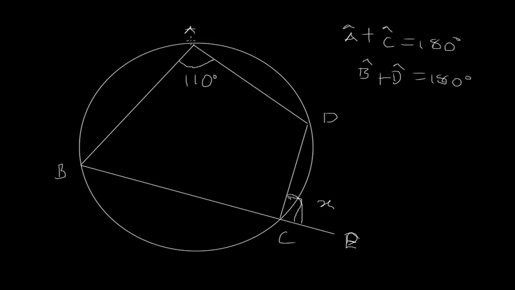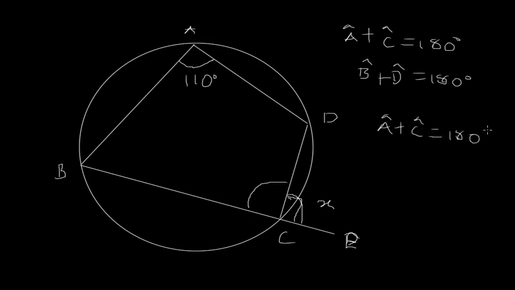Well, we know that A plus C should give us 180 degrees. So to find this angle here, we are simply going to say angle A plus angle C equals 180 degrees.